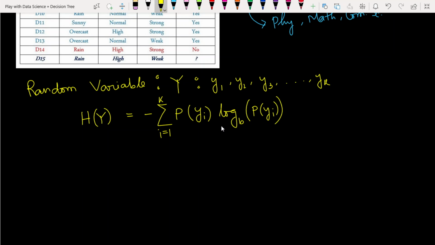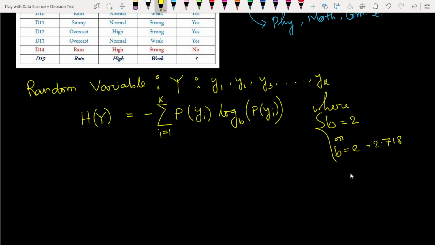The question is, what is b? In general b will be 2, or it will be the Euler number e, that is 2.718, something like that.